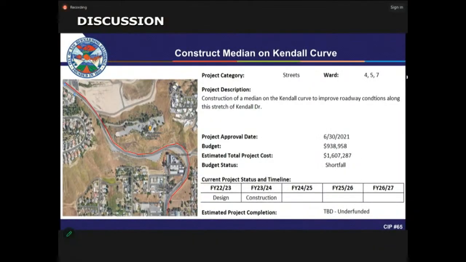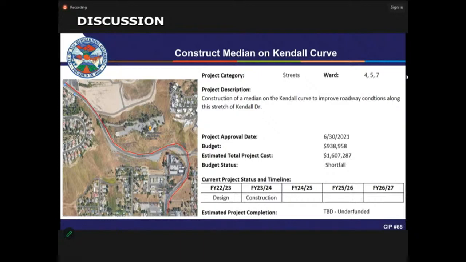Next project is the construction median on Kendall. So basically what this project is about is to install a median, starting on the north at H and then spanning all the way to the S-curve at the bottom of E, where it meets at that point. The budget for this project is $938,000.